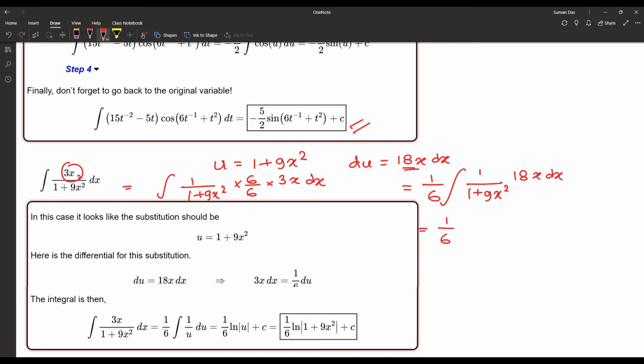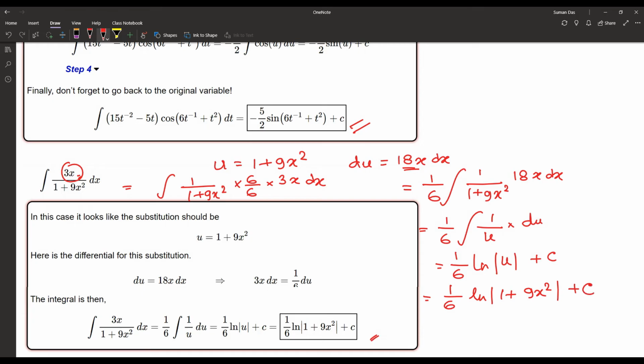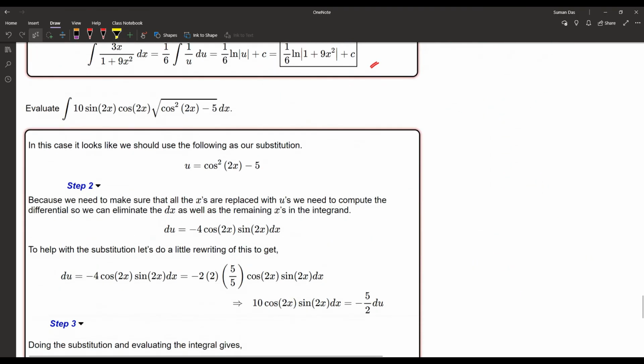So 1/6 times the integration of 1/u du, or 1/6 ln|u| plus integration constant, and the final result is 1/6 ln(1 + 9x^2) plus integration constant. That is the result. Now proceed to the final problem for this video.